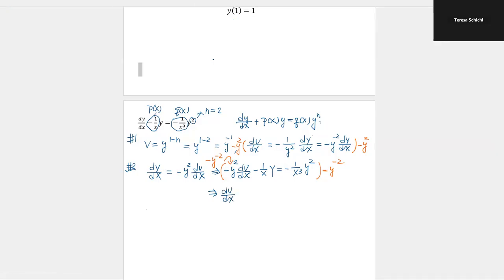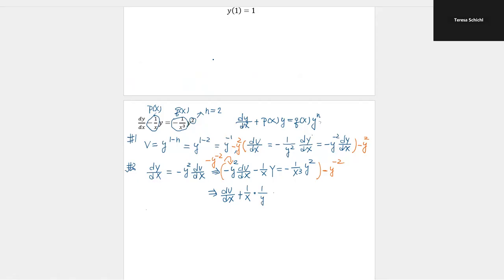Then the next term is minus 1 over x, times y to the negative 1 and y to the negative 2. Negative times negative becomes positive, then y over y to the negative 2. So what is this? This is 1 over y.